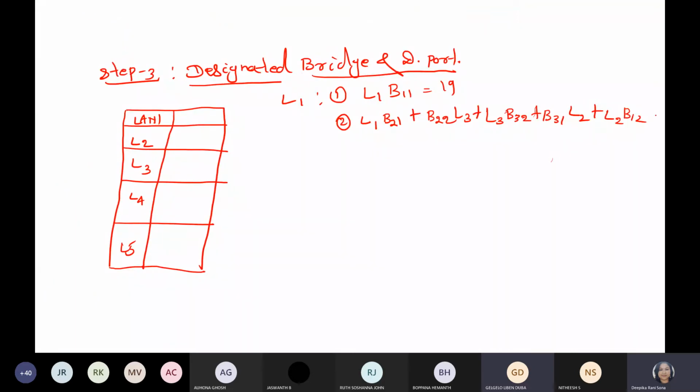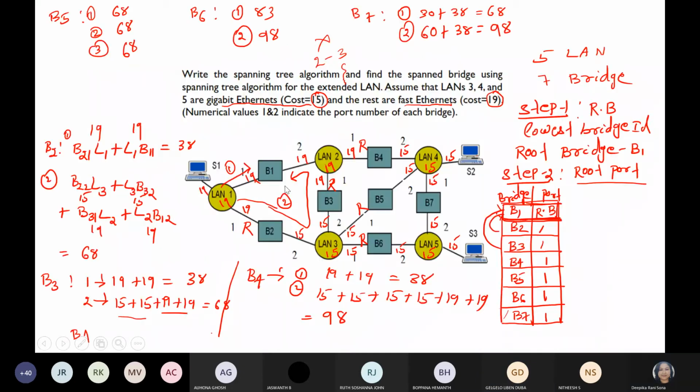How much is it? Check the cost and tell me. 87, ma'am. Okay, all agree with this because I have not seen this. Let's check: 19, 15, 15, 30, and three 19s are there, 57, and this is 30. 87. Okay, good.